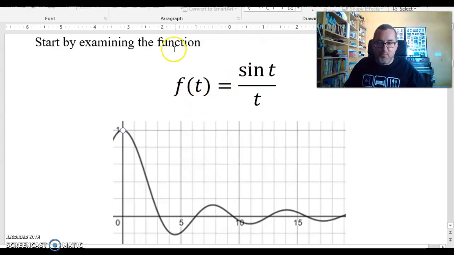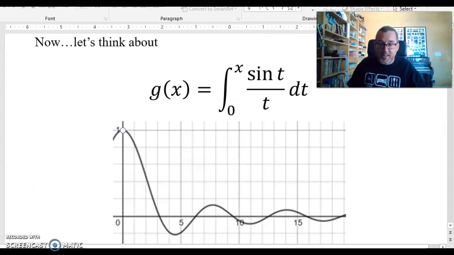You might explore this function, imagine or actually get out a calculator and compute for different input values of t. What kind of output values do you get and why? Of course, what we're really going to focus on here is not just f of t in isolation, but this function g of x, whose job it is to keep track of the accumulated area underneath the curve.